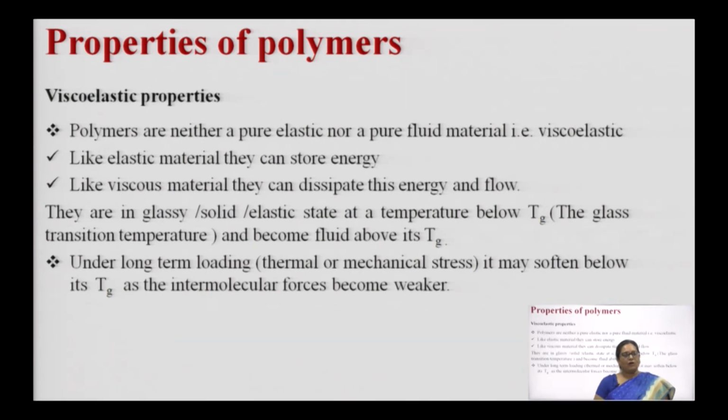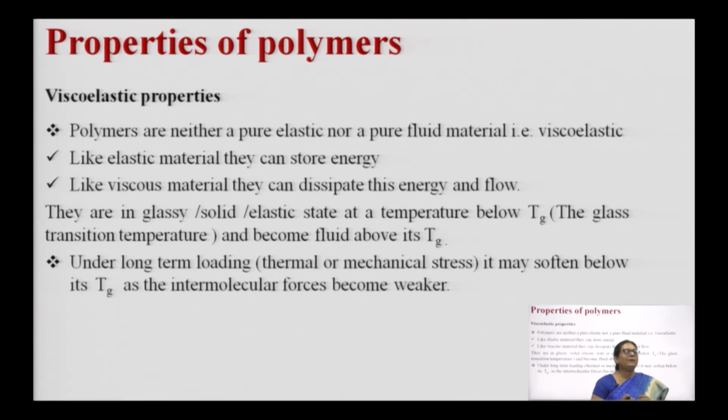can flow. For example, if you take a rubber band in your hand, you apply stress to that rubber band and you try to stretch it. You will stretch it because the rubber is elastic in nature. So, similarly, polymers also, upon application of stress, like elastic materials, they will stretch themselves from within and they will store energy.